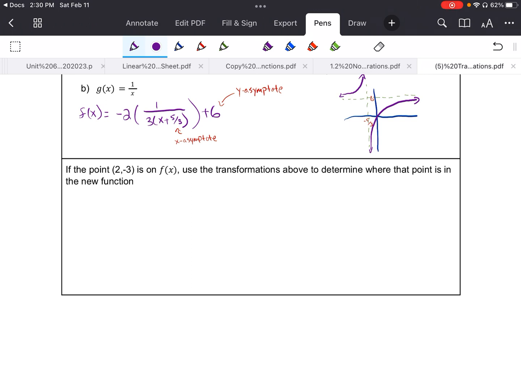Good. And the last point, so if you're given a point from the original function and it's asking for a corresponding point in the new function, then there's a little bit of math to do. So, okay, if the point 2, -3 is on the original function f(x), use the transformations above to determine where that point is in the new function.